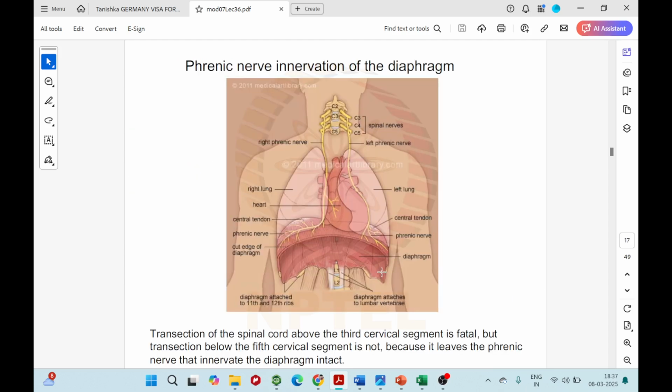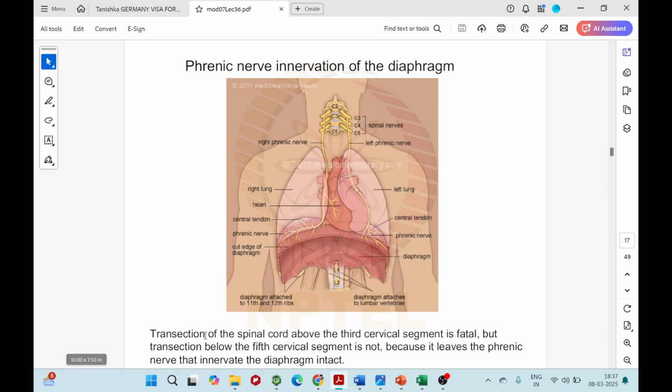The brain sends the signal to the spinal nerves C3, C4, C5, which is ultimately the phrenic nerve, which innervates the diaphragm and signals it to contract. Because of that, the rhythmic contraction and relaxation of the diaphragm allow the inhalation and the exhalation process of our respiratory system.